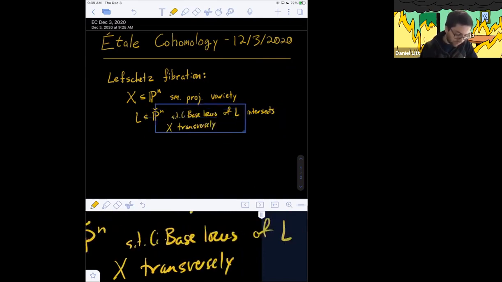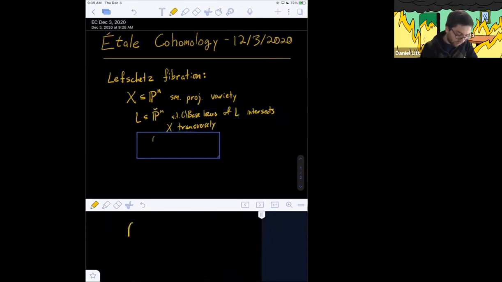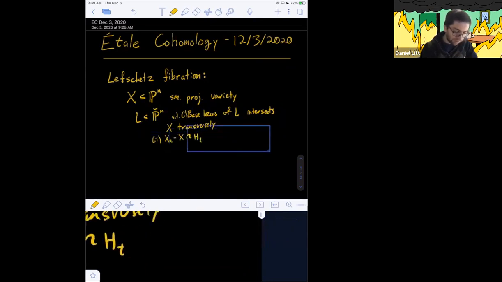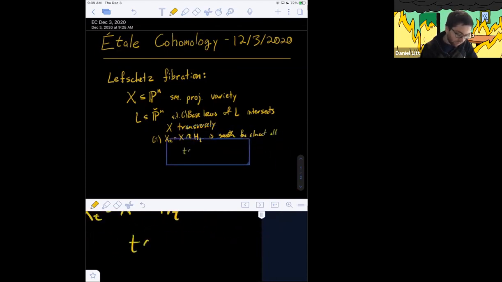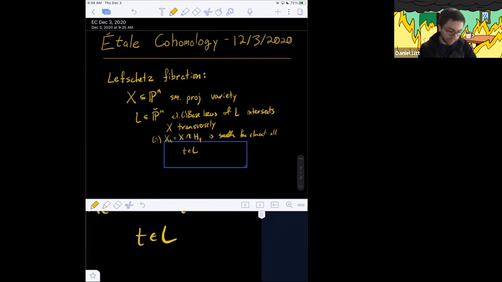And 2, X_t, which is just X intersected with the hyperplane indexed by t, for t in L, is smooth for almost all t in L. So almost all means all but finitely many.